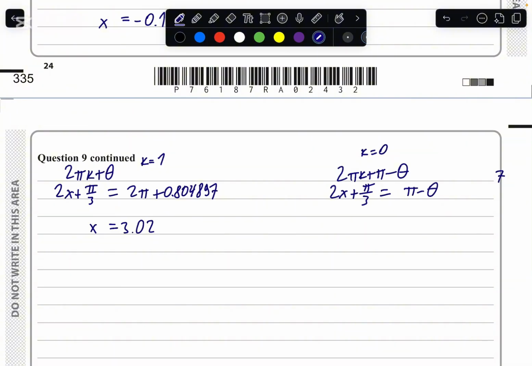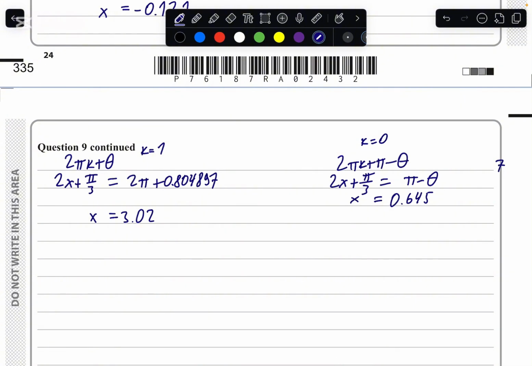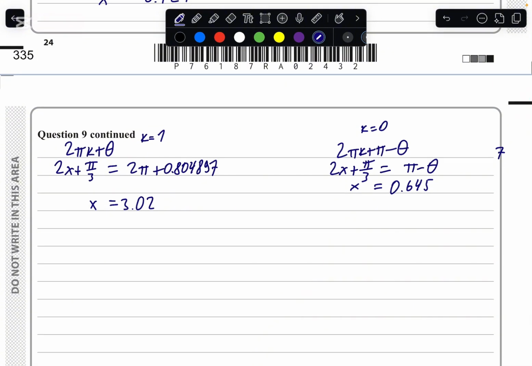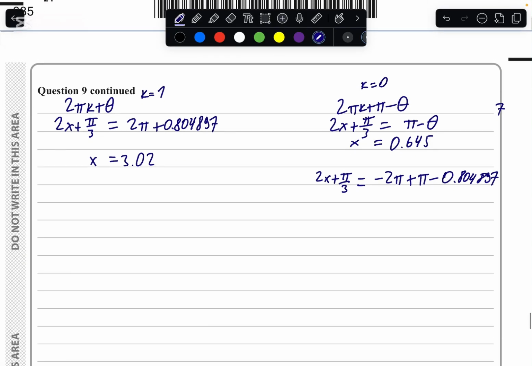Pi minus theta, rearranging for x, 0.645. And we can also try for k equal to minus 1 in this equation. So it will remain with 2x plus pi over 3 equals to minus 2 pi plus pi minus theta, which is 0.804897 again. And rearranging for x once more, we get minus 2.50.